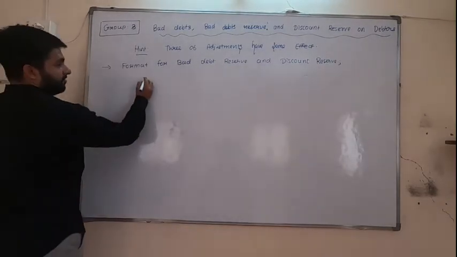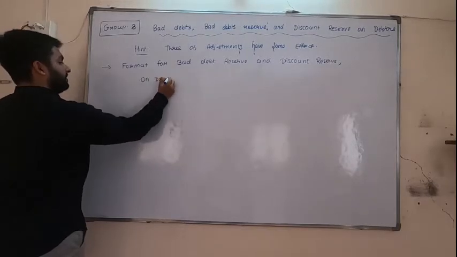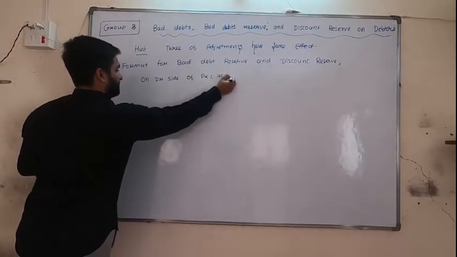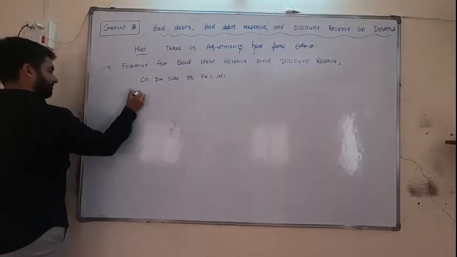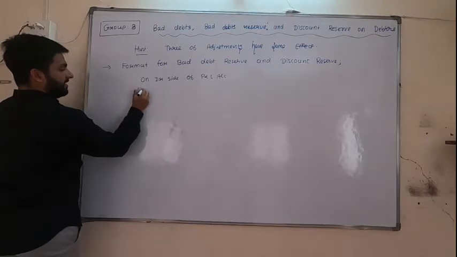First we are talking about bad debt reserve, where it will be shown on the debit side of the P&L account. How will we write that format?